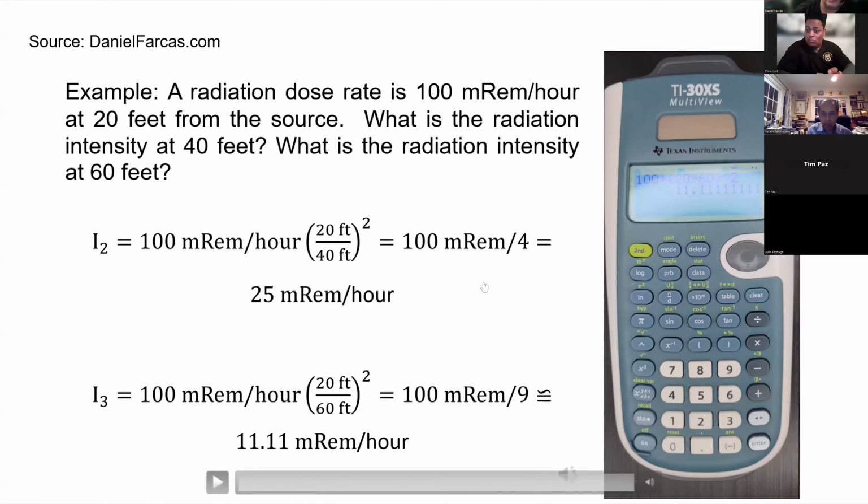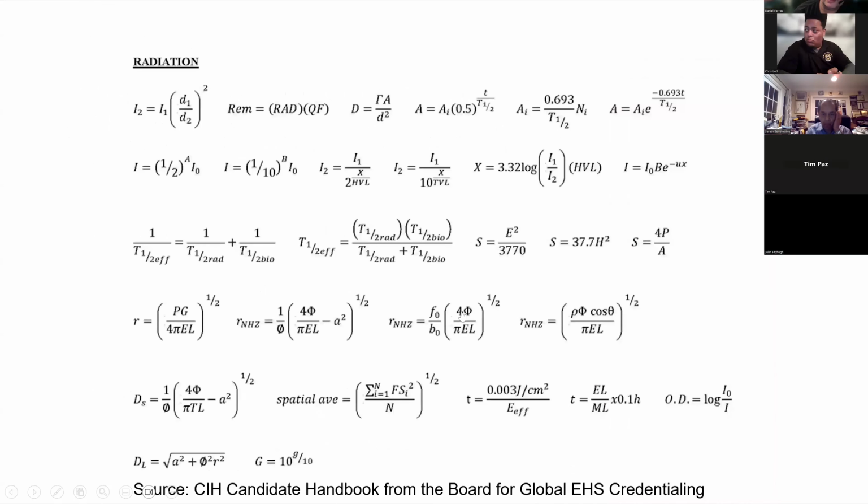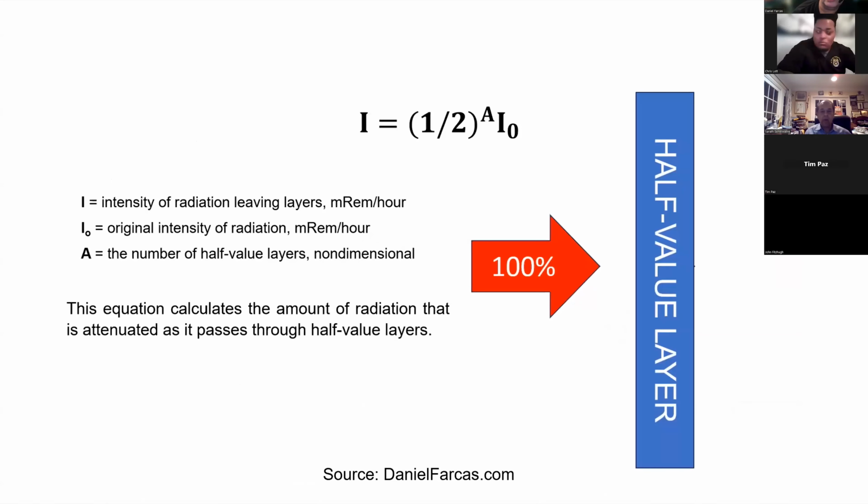All right, let's go to the next one. Oh, this is one of my favorites too. This equation calculates the amount of radiation that is attenuated as it passes through half layers.